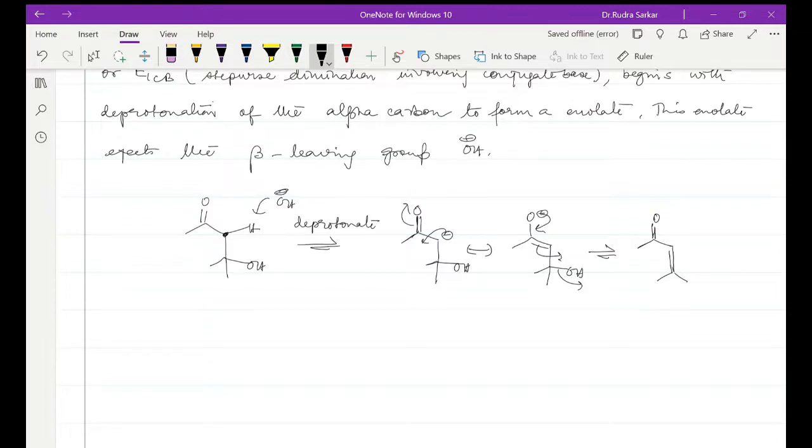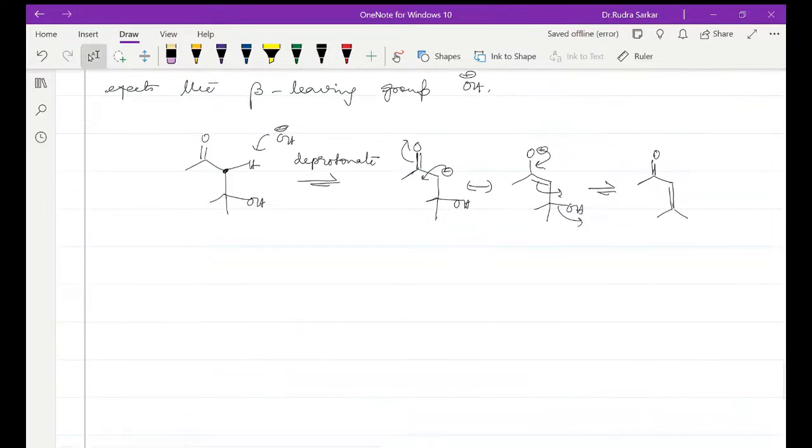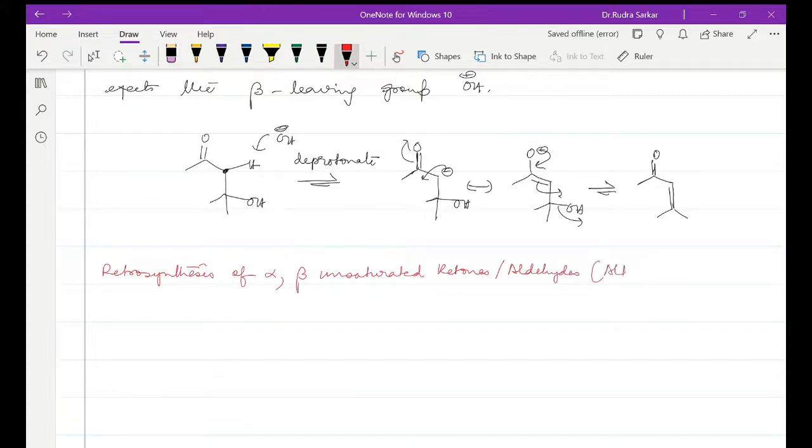Now here, what should be the retrosynthesis of alpha, beta unsaturated ketones or aldehydes, or that of aldol?